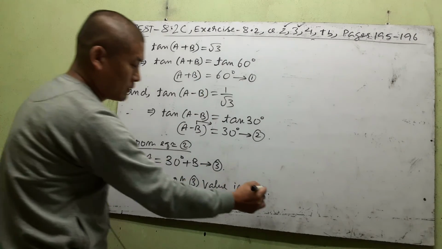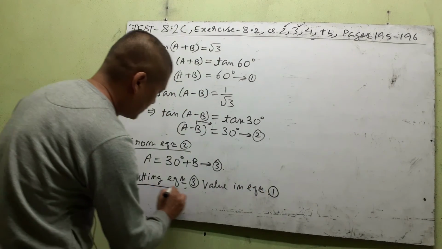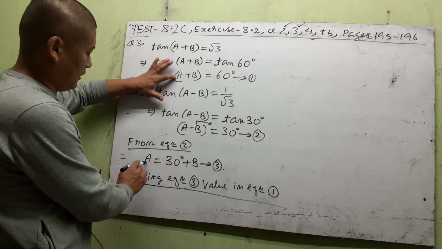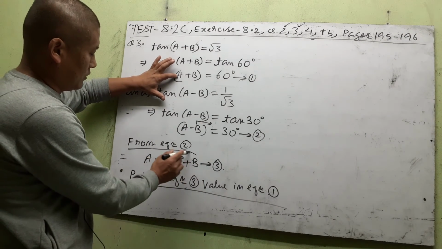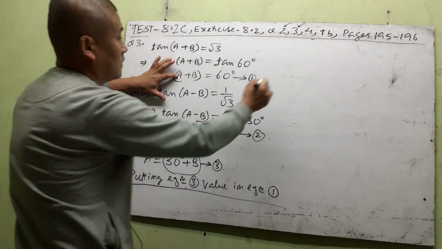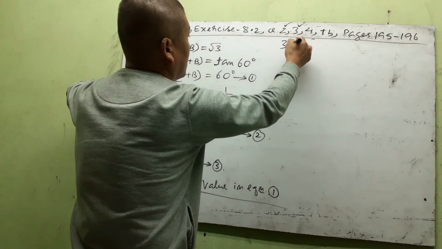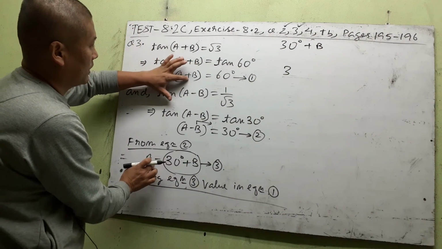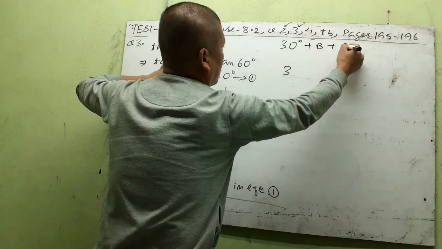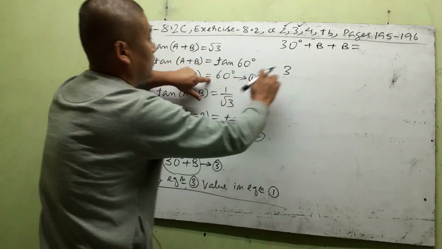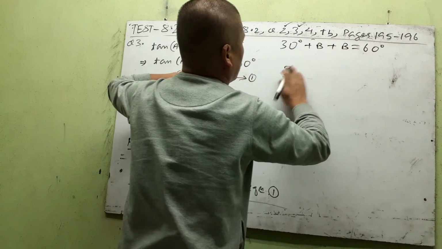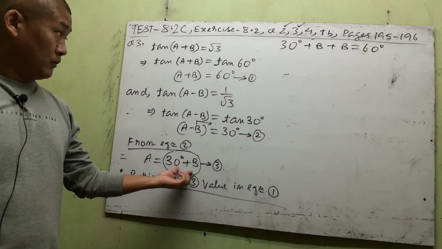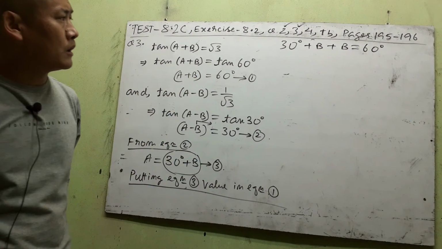So if you put in equation number 1, what does this mean? The a value here is going to be replaced by this. So I'm going to write 30 degrees plus b, the value of a in place of this a, plus b, this is equation 1, equal to 60 degrees. That is the meaning of putting equation 3 value inside equation number 1.